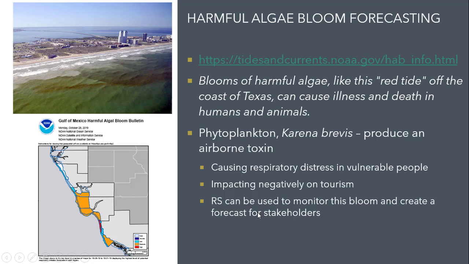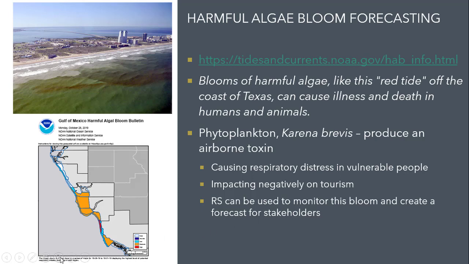So clearly, we can use remote sensing to monitor this bloom and create a forecast for stakeholders, especially the tourism industry and local environmental agencies, to advise people on what to do.